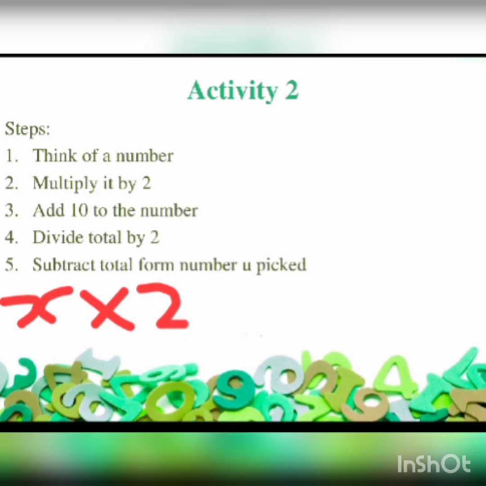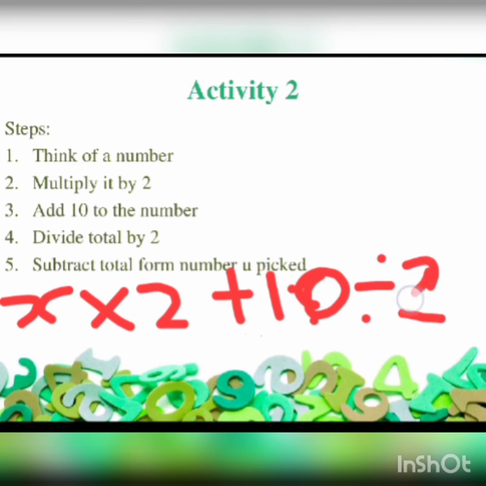Third is to add 10 to it, so we have plus 10, divided by 2, and then subtract the total from the number you picked. All of this can be taken from the number we picked, minus x or something of that sort. So basically this is what algebra is about.